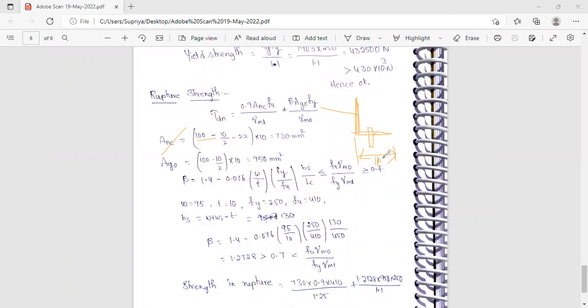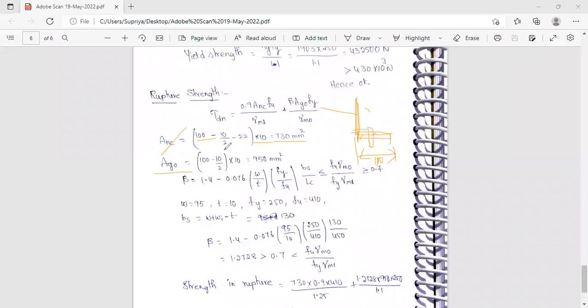And up to midpoint of the outstanding leg only we have to consider. What is the thickness? 10 mm is the thickness. So midpoint will be 10 by 2. So 100 minus 10 by 2, minus 22, the diameter of the bolt hole, multiplied by thickness, that is equal to 730 mm square that we will get.